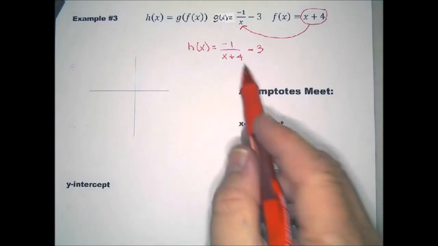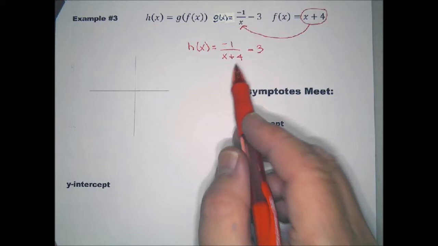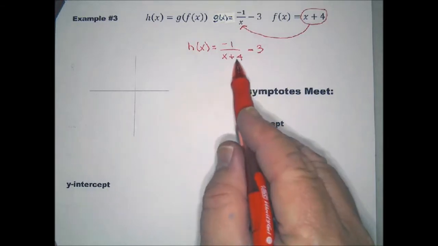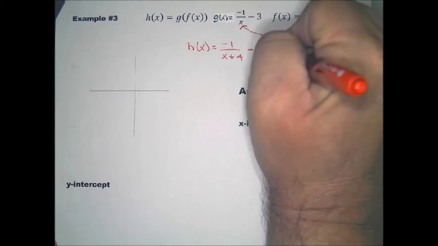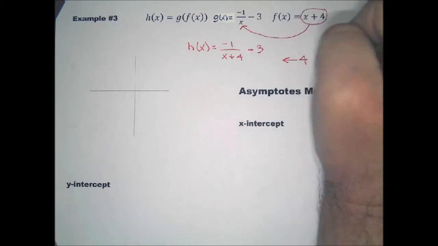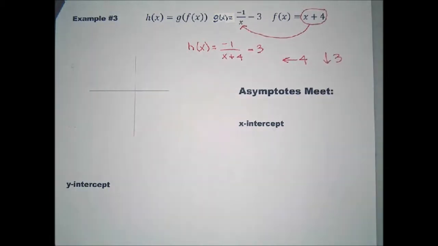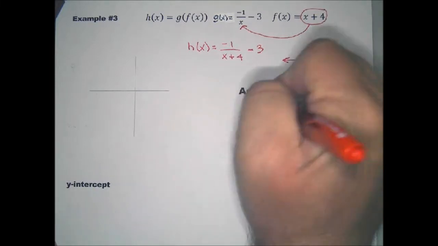Now, we've got the shifting going on. The asymptotes are going to shift 4 units to the left because of the x plus 4. So 4 units to the left, and then 3 units down. So that means that the asymptotes are going to meet at the point -4, -3.